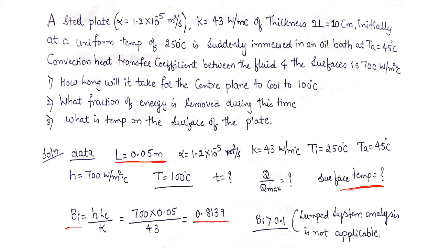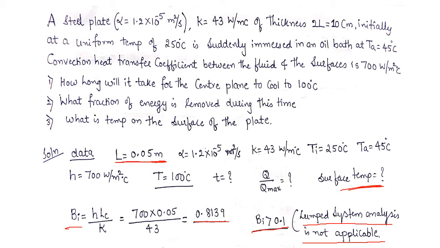But in this problem, the Biot number is greater than 0.1. If the Biot number is greater than 0.1, then lumped system analysis is not applicable to solve this problem.